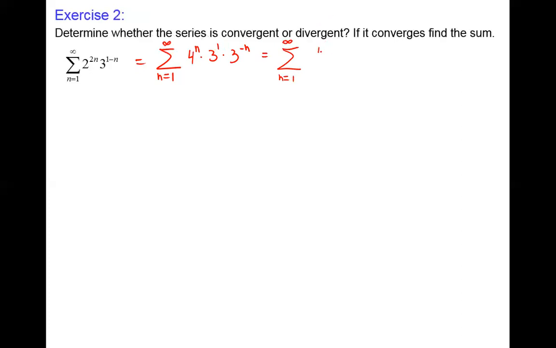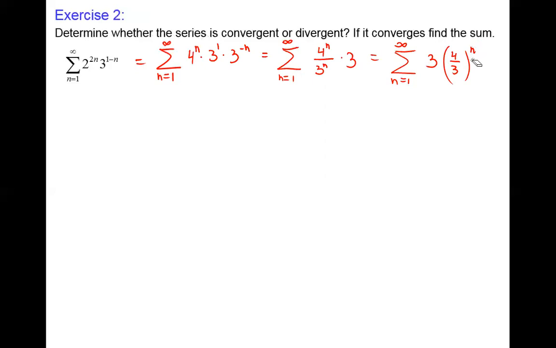Now I can put 4 to the power of n over 3 to the power of n, and I can keep that 3 as a first term and 4 over 3 to the power of n. I did change it a little bit, and actually I got a nice form.